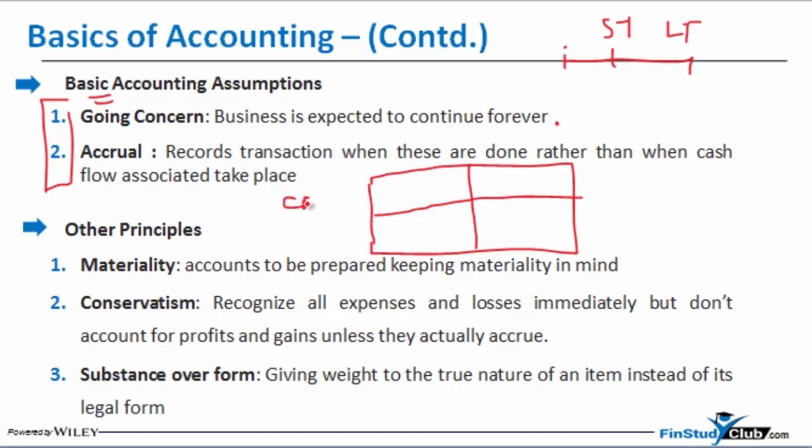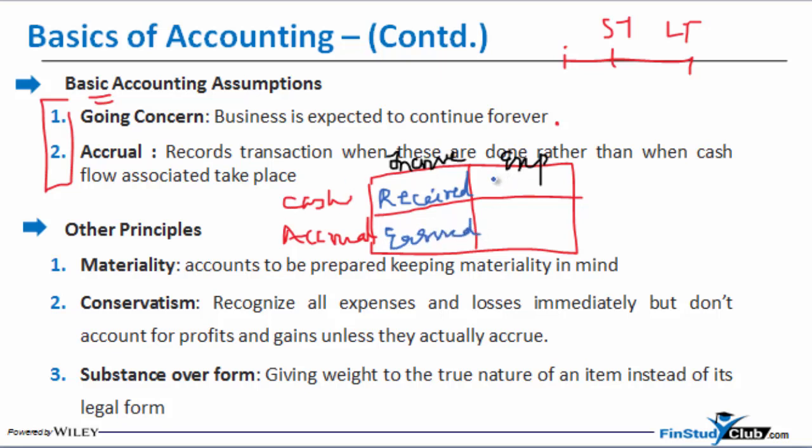This is your cash, this is your accrual. Okay, and this is your income and this is your expense. So what are the words that you use? If income is in cash, it is called received, whereas income in accrual is said to be earned.